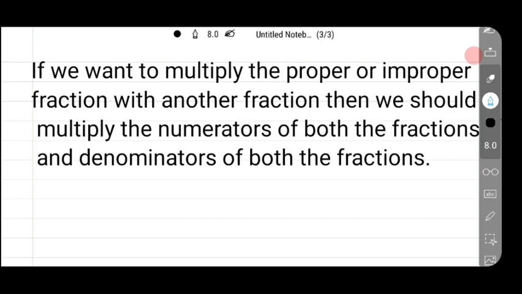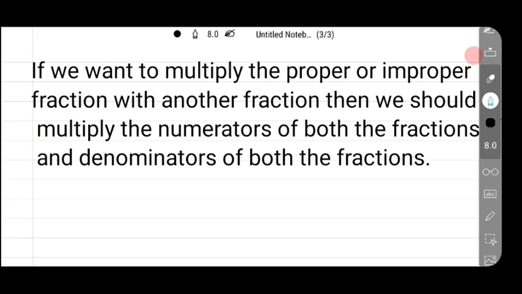One is multiplication of a fraction with another fraction. Here, if we want to multiply a proper fraction or improper fraction with another fraction, then we should multiply the numerators of both the fractions and the denominators of both the fractions.